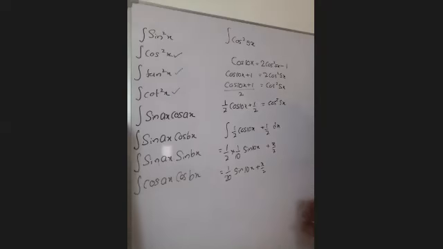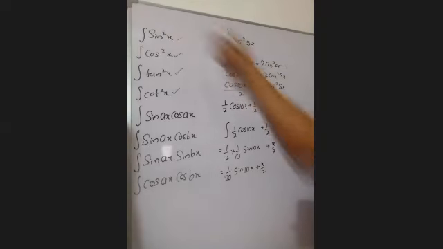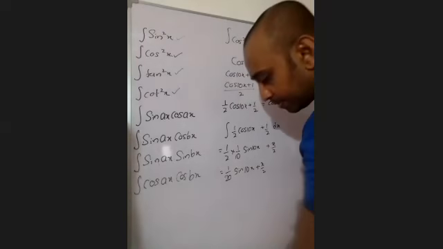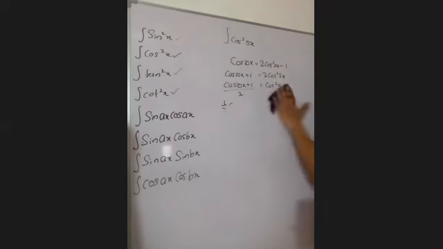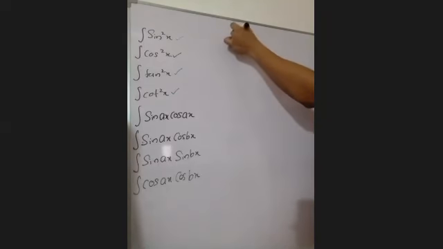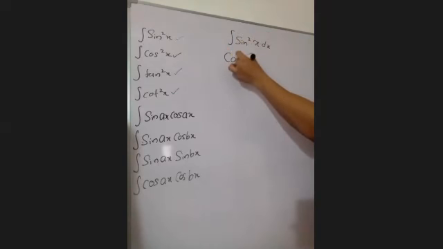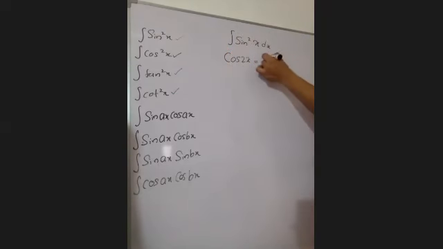Right. Then we already found this one. Now I'm coming to this question. If you want to integrate sine squared x dx, we know the formula for cos 2x. There's another formula for cos 2x in terms of sine squared x, that is 1 minus 2 sine squared x.